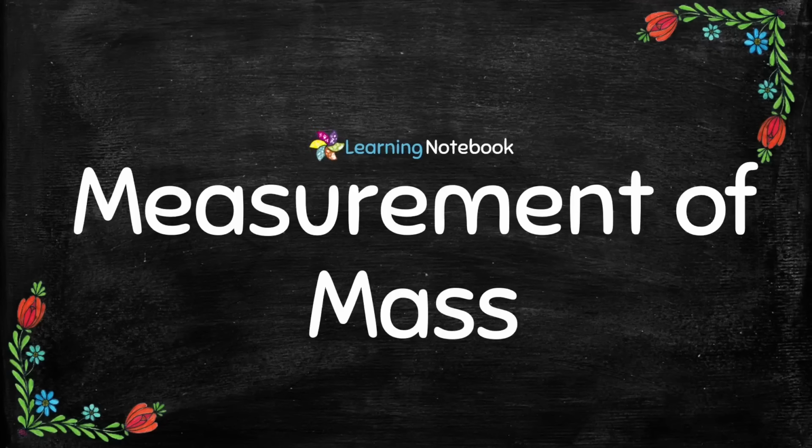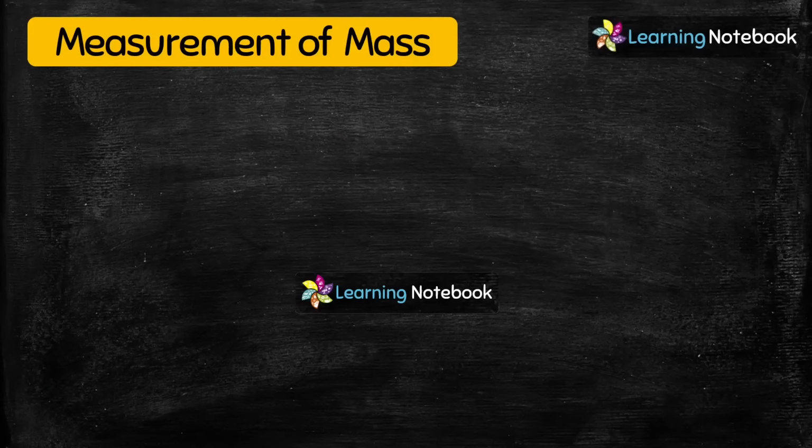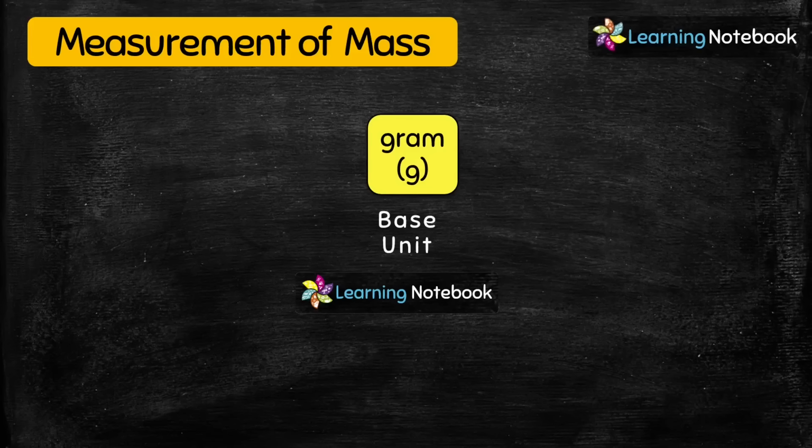Now our next section is measurement of mass. Students, the standard or base unit for measurement of mass is gram, which is denoted by G. Let's see the higher units to measure mass.